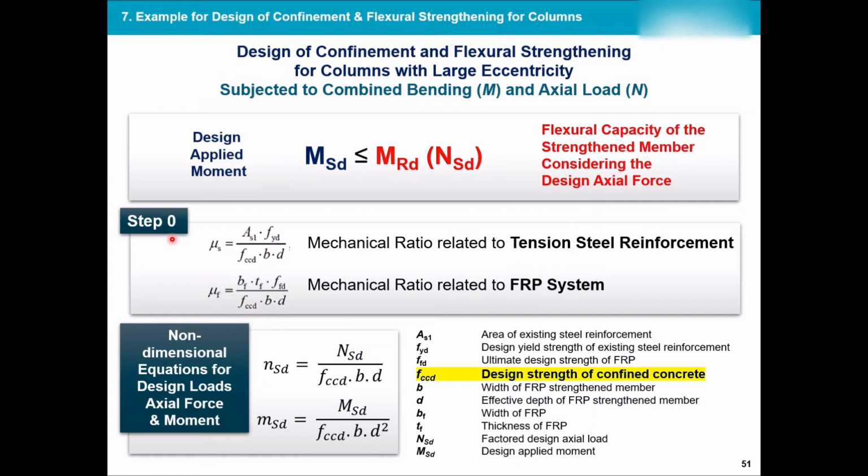So let's start with step 0. We have to calculate μs, μf, NSD non-dimensional, MSD non-dimensional. All of the values that we have over here, we already have them. The only issue is FCCD, the design strength of confined concrete, that we have to calculate.